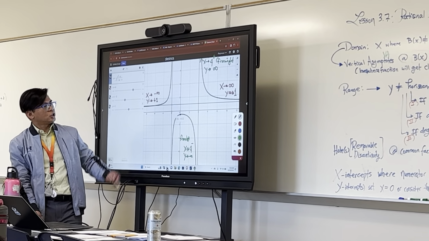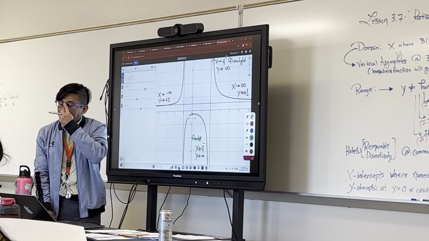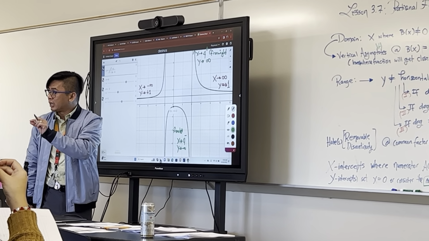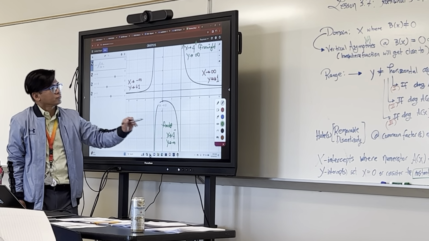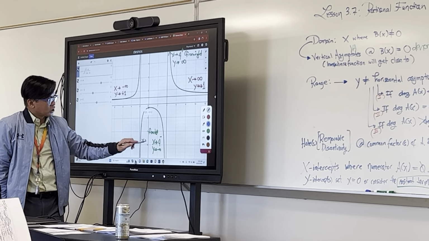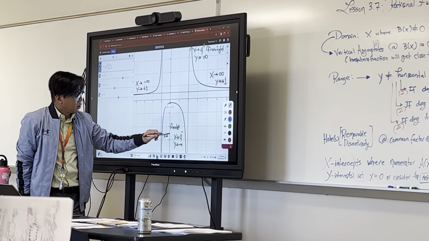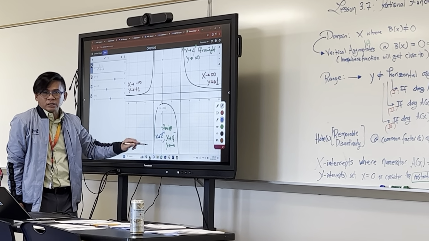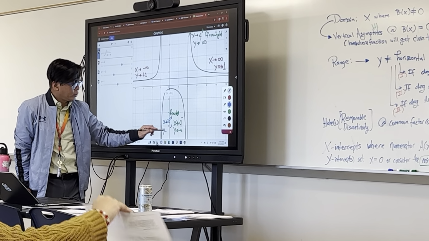Last two. You do that one for all the vertical asymptotes: from the right is plus and from the left is minus. So in here, from the right, as x approaches what value? Negative 2. Plus means from the right. Where is your y going to?